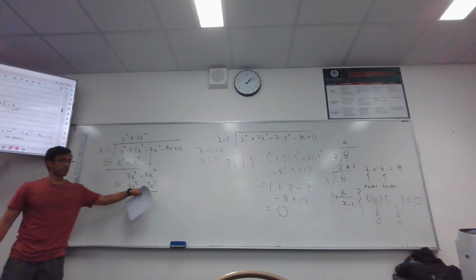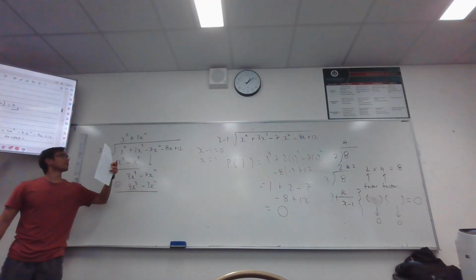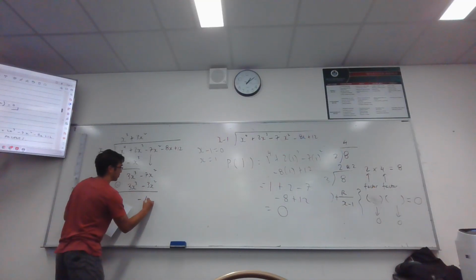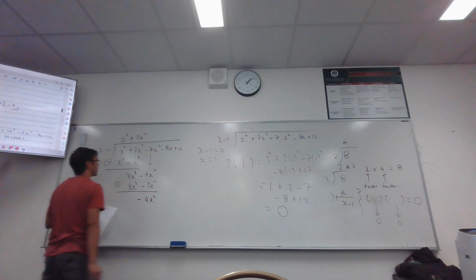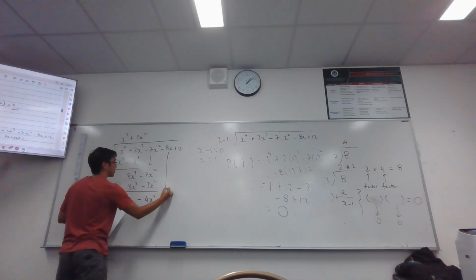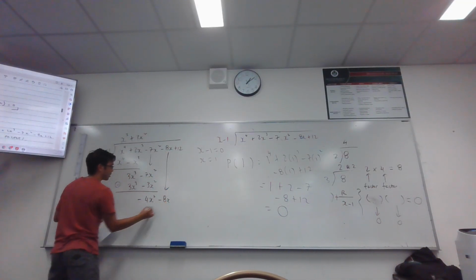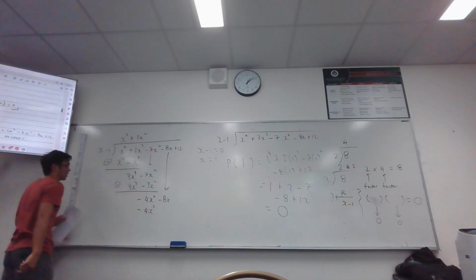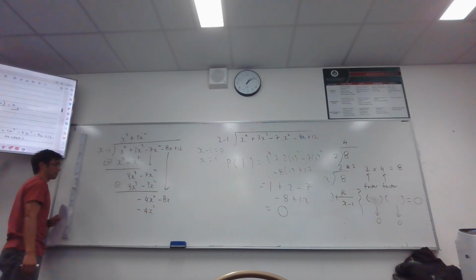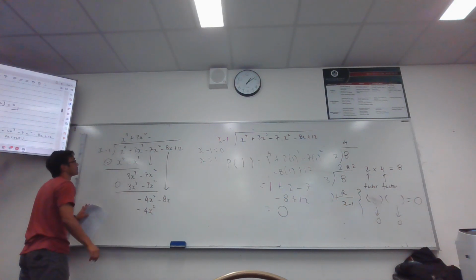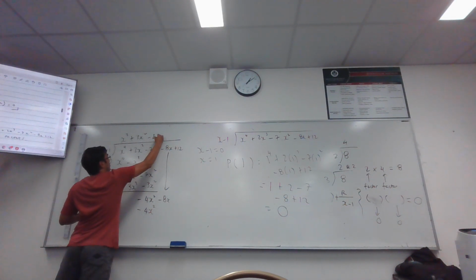Negative 7, take 3. Negative 4. Tim, what do we do next? Thank you. I want a negative 4x squared down here. Jesse, what do I need up here? Negative 4. Good.